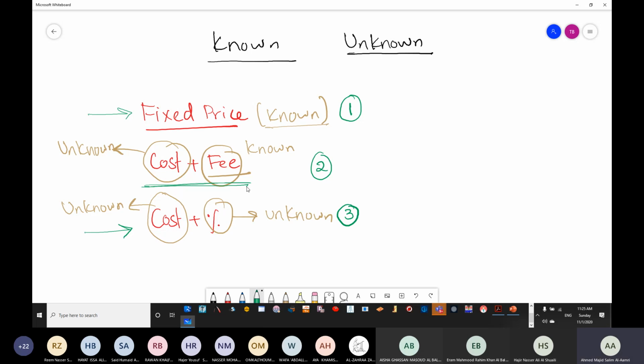Okay. The unknown value is higher. Do you agree that the unknown is higher, which is the cost? In terms of value, which one is higher, the fee or the cost?